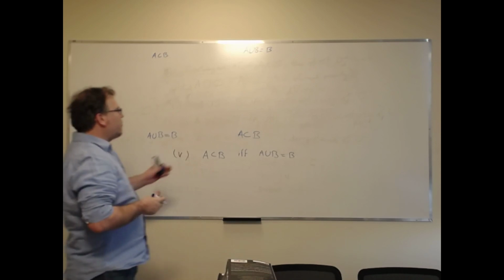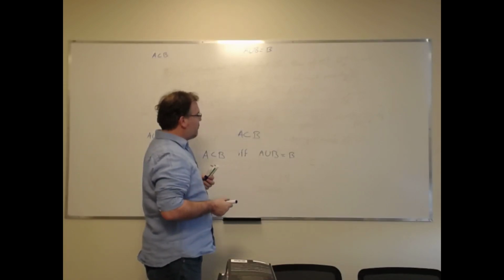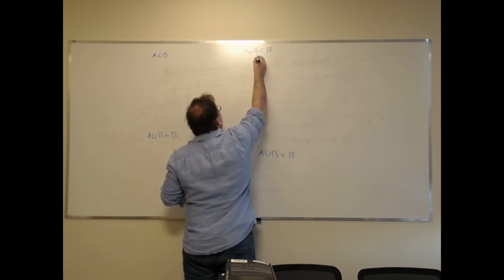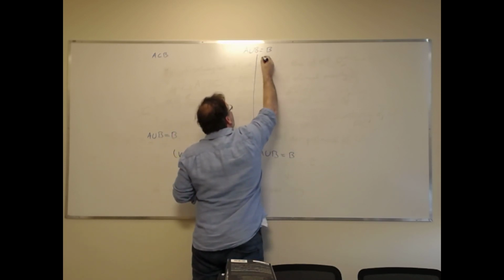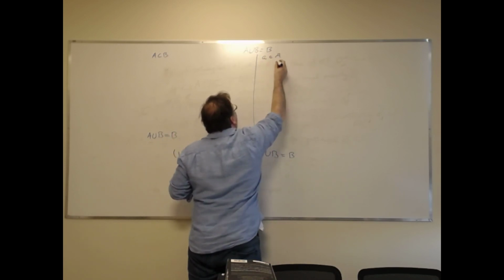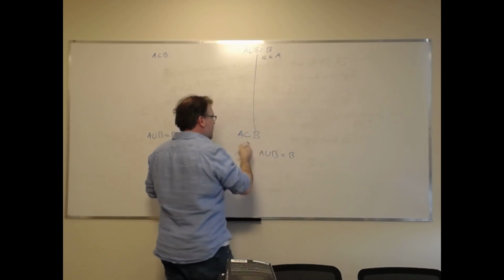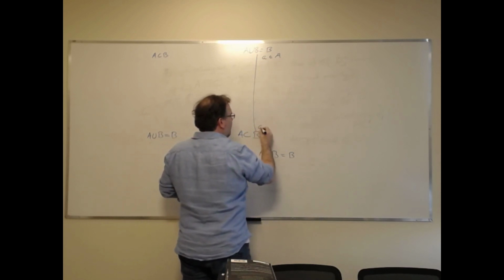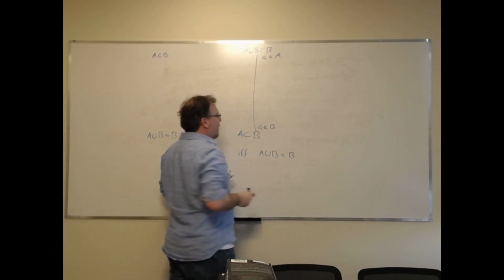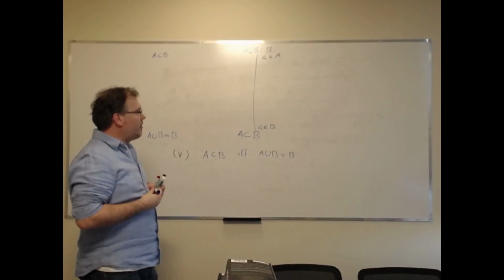Well, let's start with the right-hand side, just because it's going to be a little bit easier, I think. So we know it's a conditional proof, where we take an arbitrary object and we suppose it's in A, and we want to end with saying that this arbitrary object is going to be in B as well.